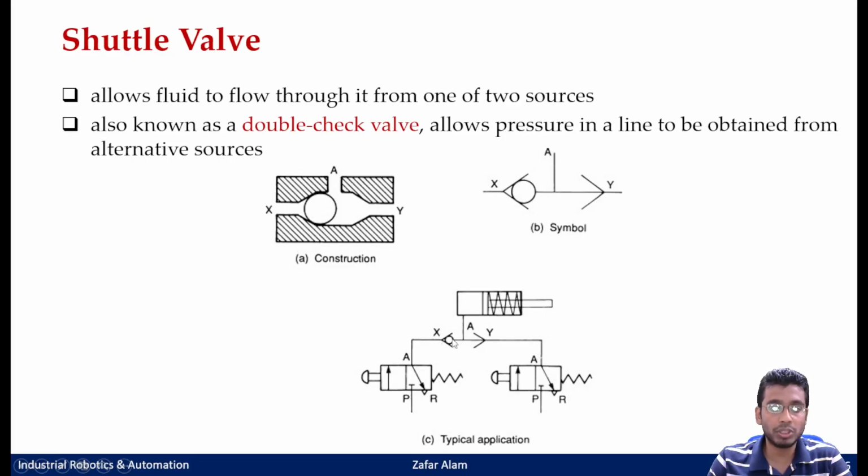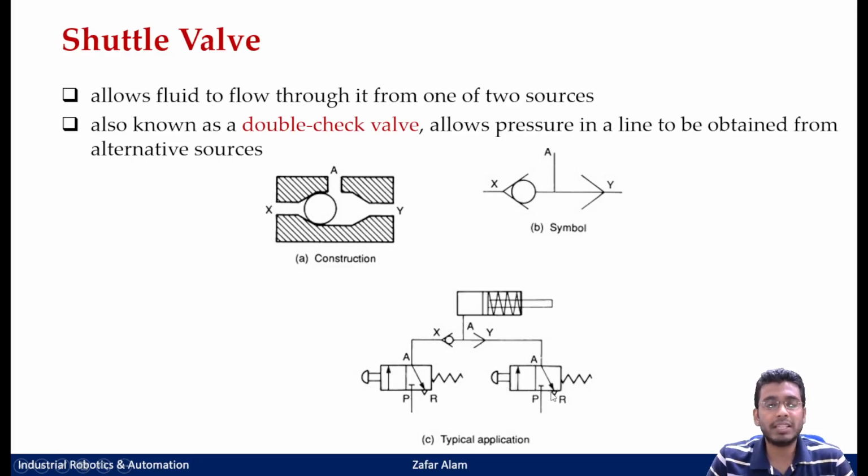Both ways you can extend the single acting cylinder. If pressurized fluid comes through this valve and goes towards the X line, then it will block the Y passage and the fluid will go through this, and your cylinder would extend and retract back if you remove this force, because this is a spring return valve. Similarly, I can control this cylinder using this valve.